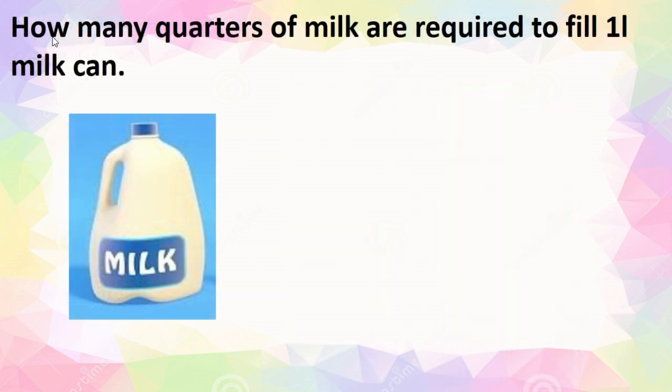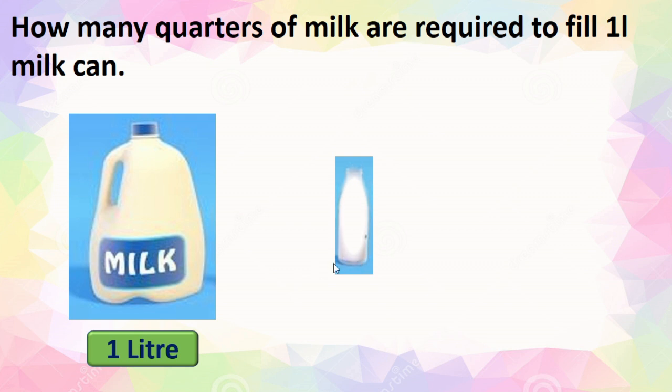Come on, tell me how many quarters of milk are required to fill 1 liter milk can. See, this is a milk can of 1 liter. Yes, I have one bottle of quarter liter, that is 250 ml. How many quarter liter bottles I need to fill this 1 liter milk can? Come on, tell me.